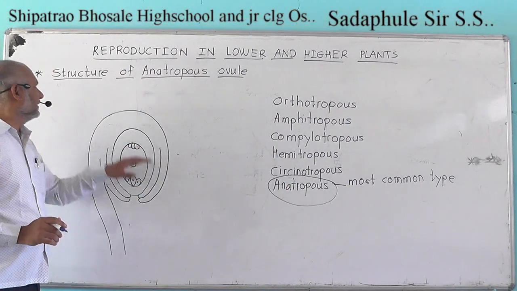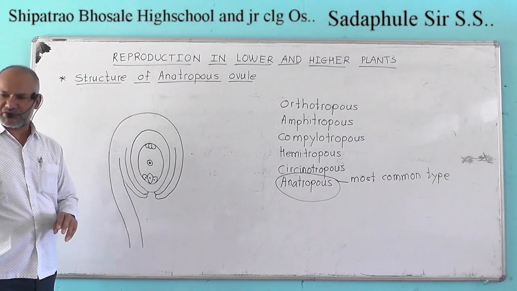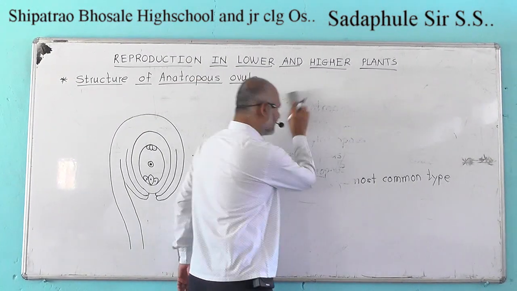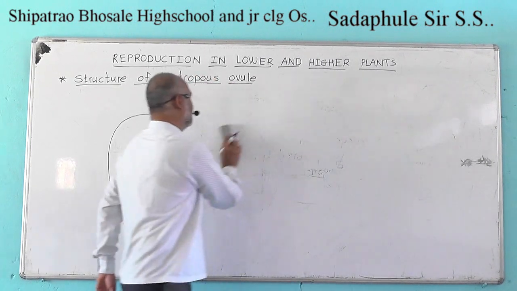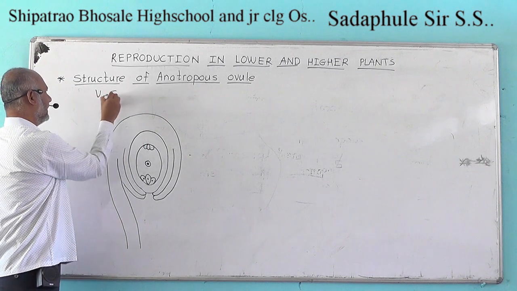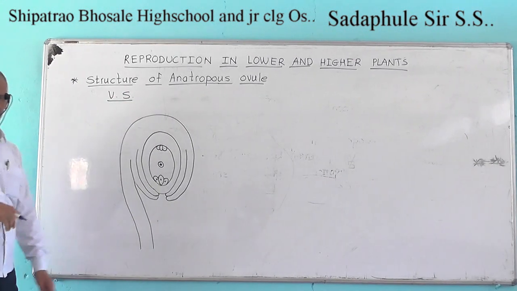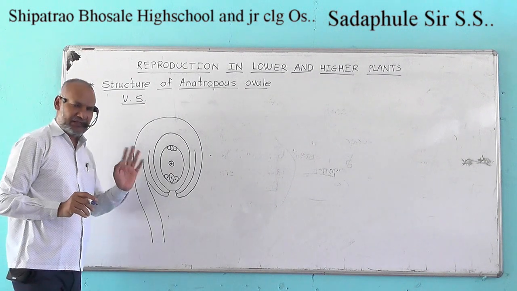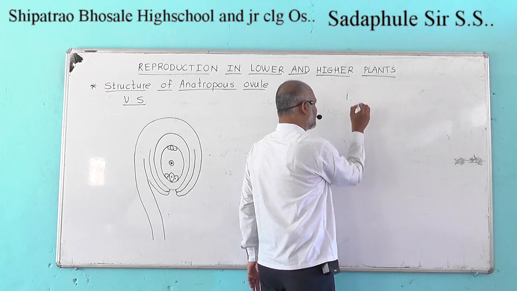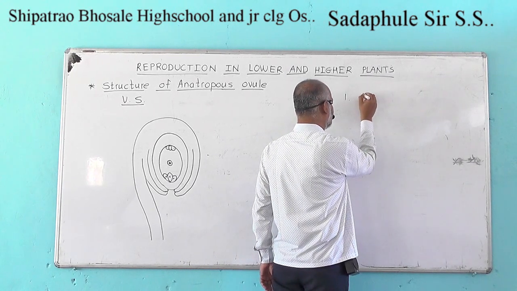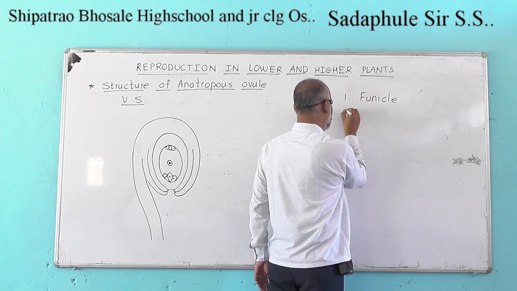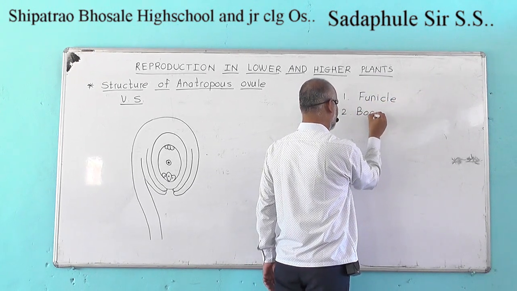So we have to study the structure of anatropous ovule. The structure of anatropous ovule can be studied by its VS. It is the VS of anatropous ovule. Any ovule consists of two parts: first part is the funicle and second part is the body.